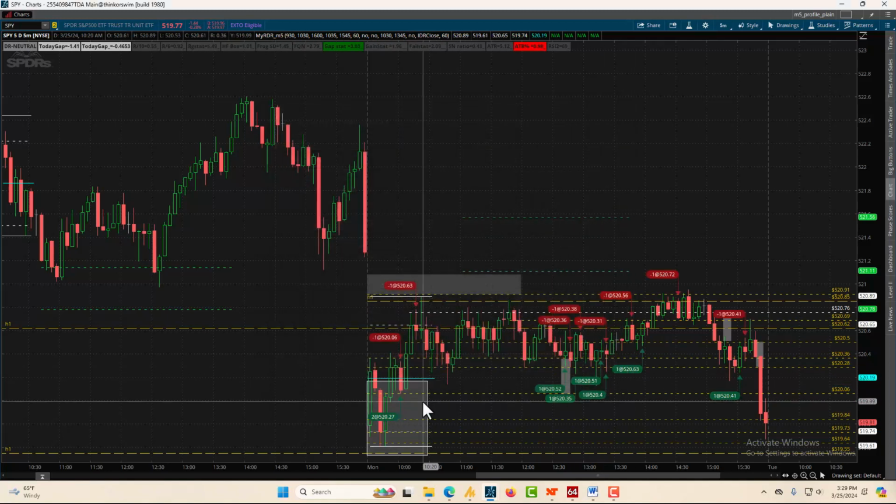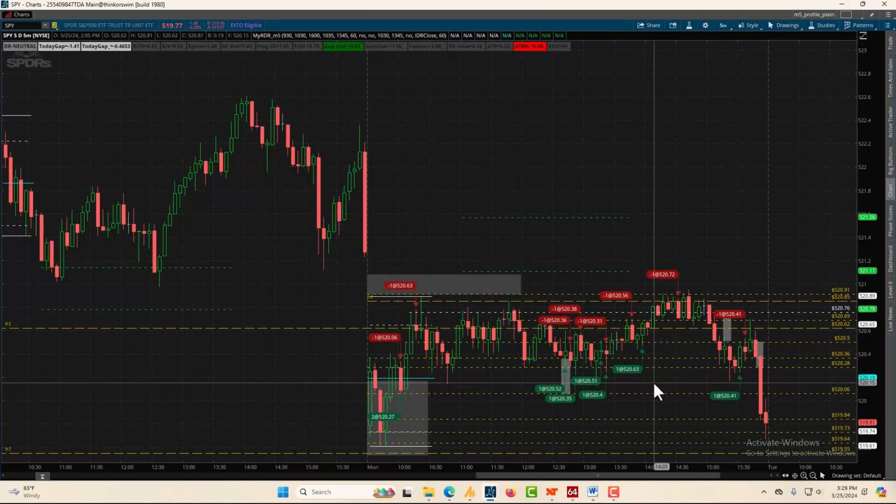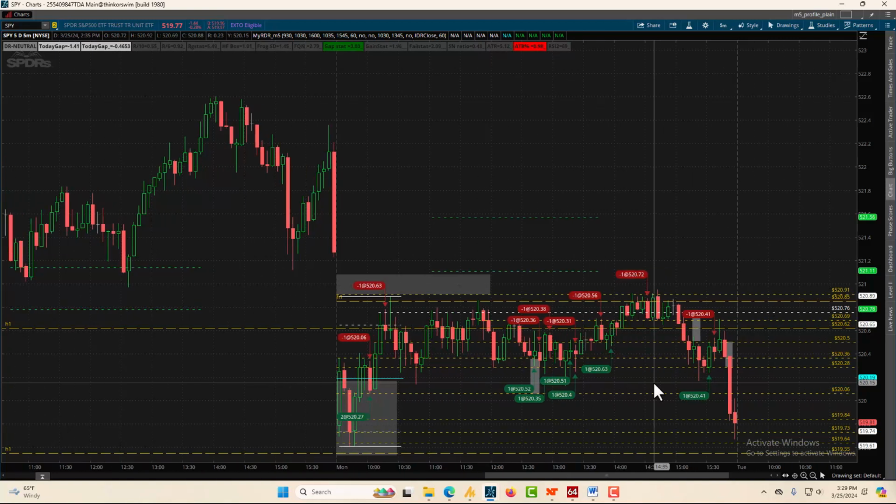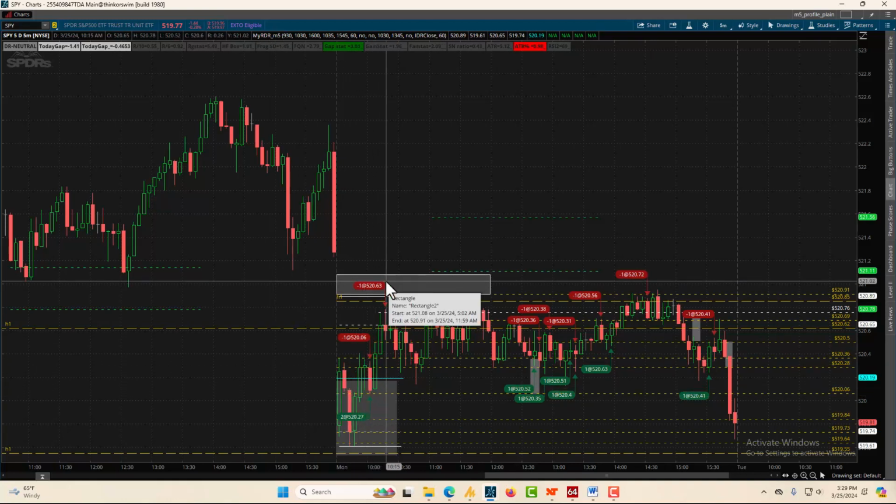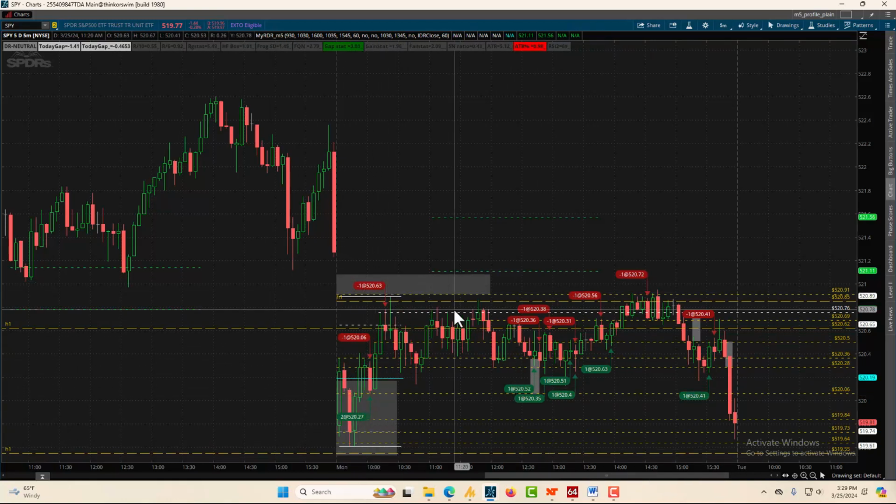Basically we took a good amount of trades, for lack of a better word. We have 7 long trades, and we took maybe 10 short trades.